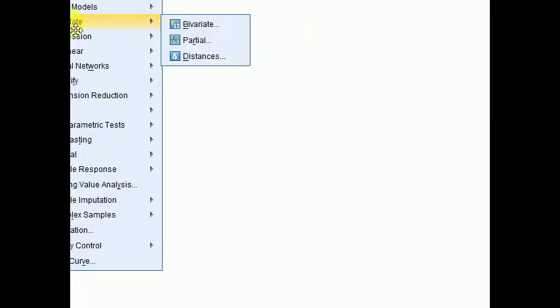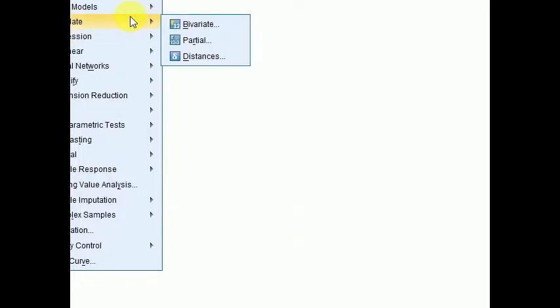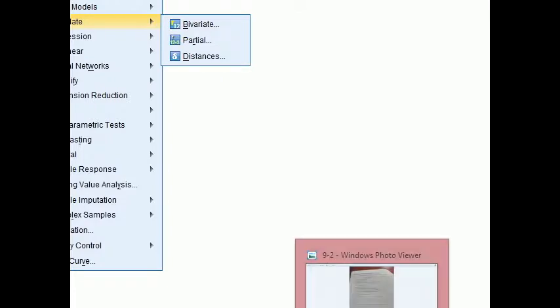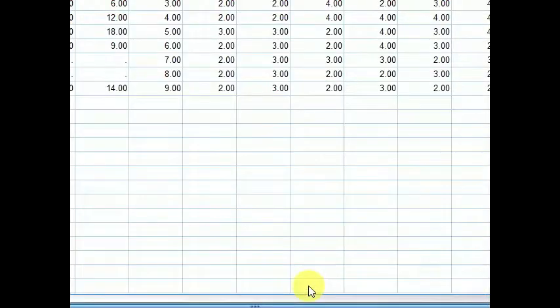Now there's another one that you can do, which is a relationship between the two variables. You can relate the perception with the problems, right? And it's easy to do. You just have correlate and then bivariate. But the thing is, I have to have a total of each of the variables.